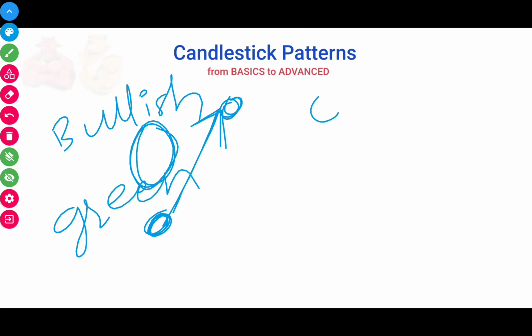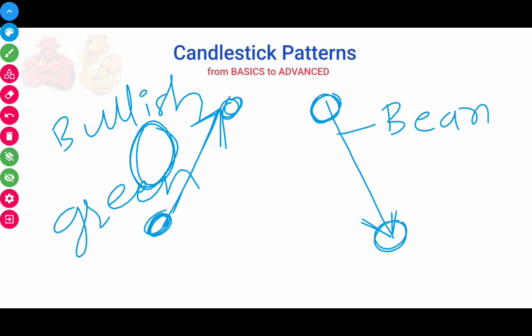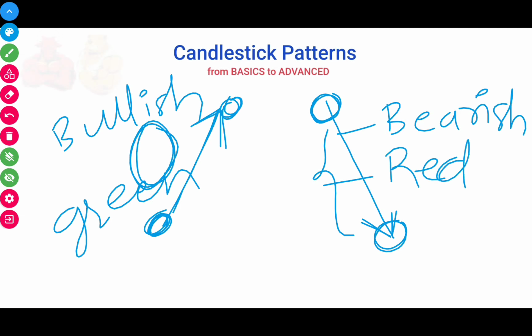If the market opens above and closes below, which means the market is in a downtrend, which means it's a bearish trend, or any candle formed in this range is called a red candle or bearish candle.